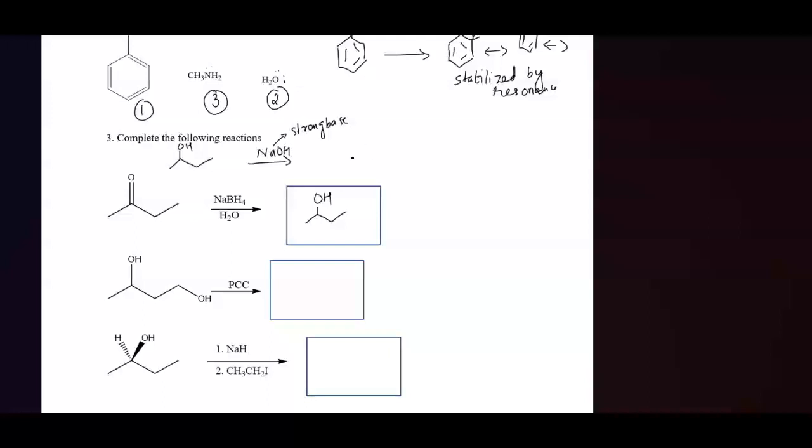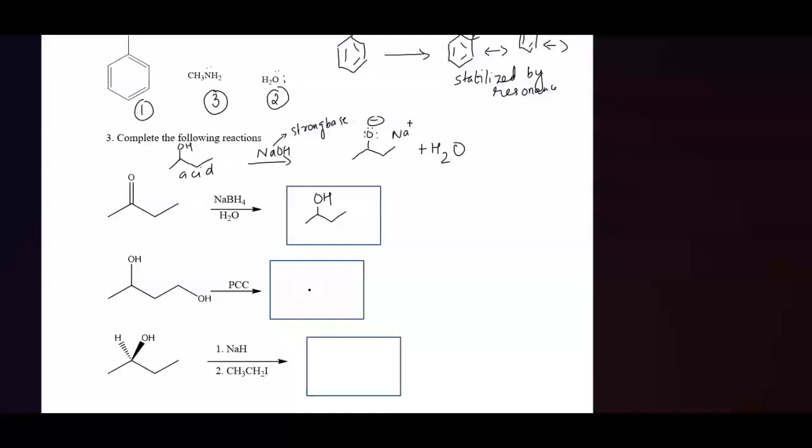So the product of this would be an alkoxide ion, because the hydroxide is going to act as a strong base and remove this proton from here, and you get an alkoxide ion, and then Na plus over here. And then your other product will be water. So this is an acid-base reaction where the alcohol is acting as an acid.